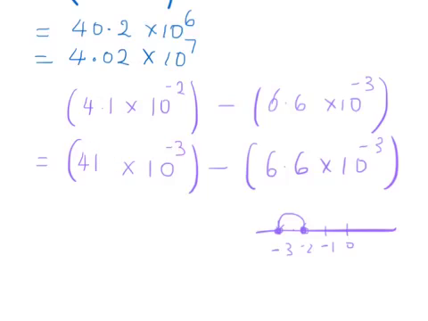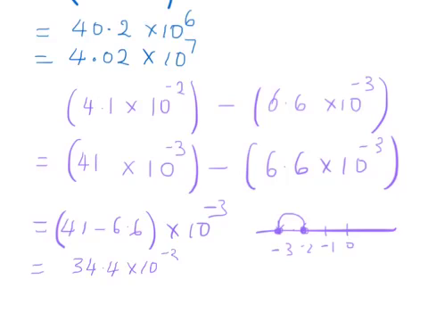Now the powers are the same. And now we can subtract the numbers, so it's 41 minus 6.6 times 10 to the minus 3. And 41 minus 6.6 is 34.4. But that's not in standard form, so I need to write it 3.44 times 10 to the... Now, times 10 to the what?